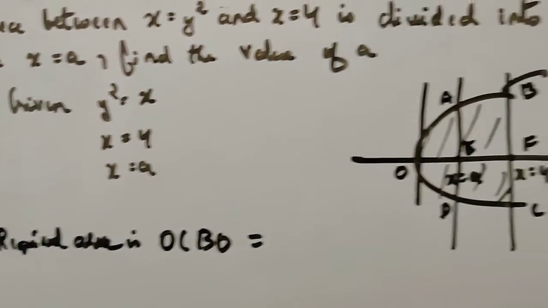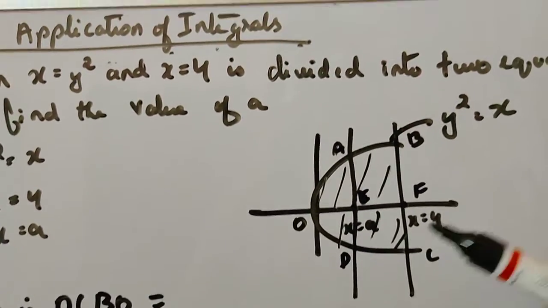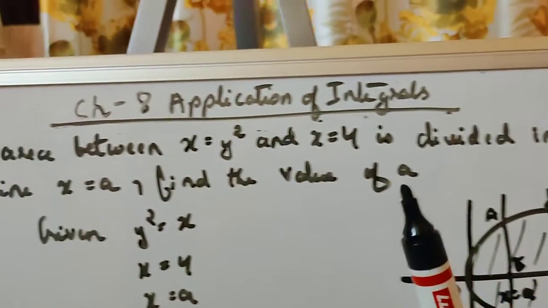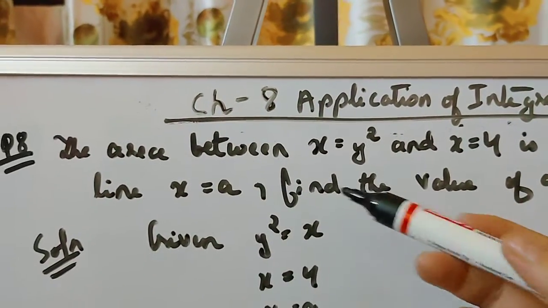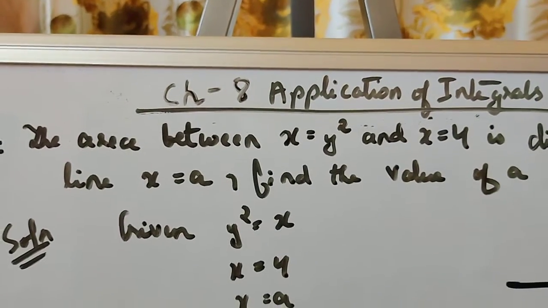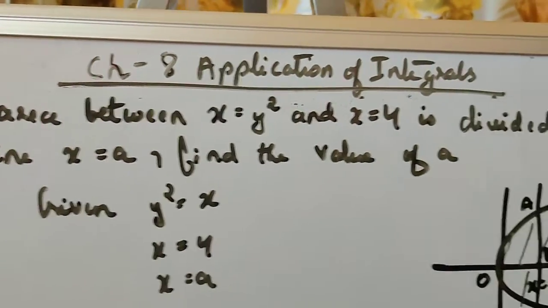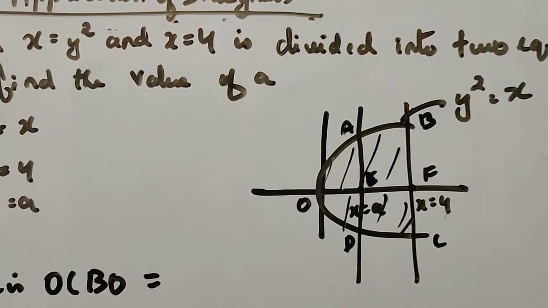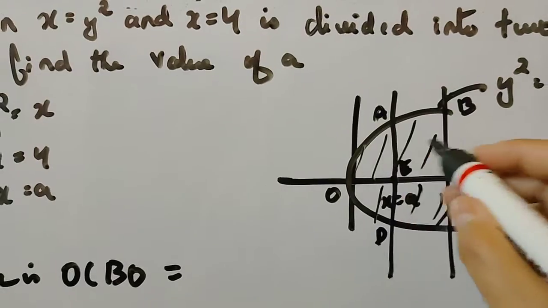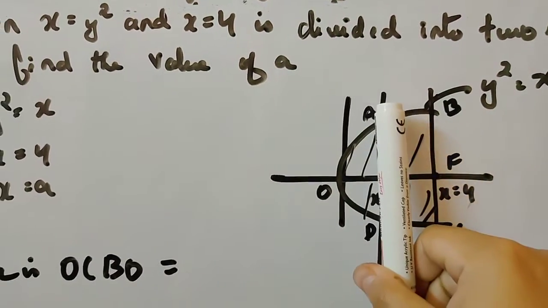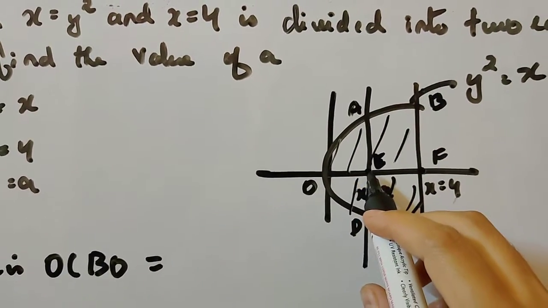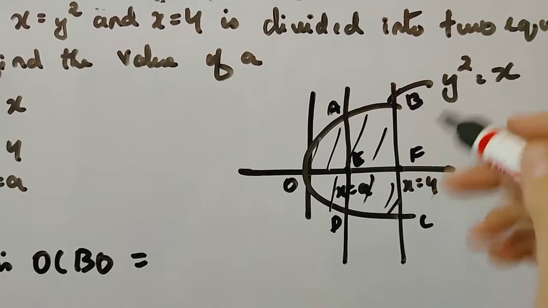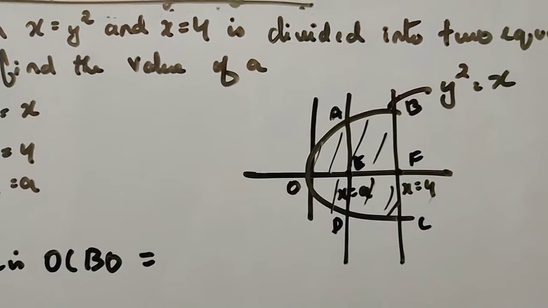This area is equal to what? Since this area is divided into half, here they didn't ask to find in the first quadrant or second quadrant or above the x-axis, so we have to find out the whole area. So this area is divided into two parts. If we find the value of this first part and multiply by 2, we will get the whole, since they are equally divided.